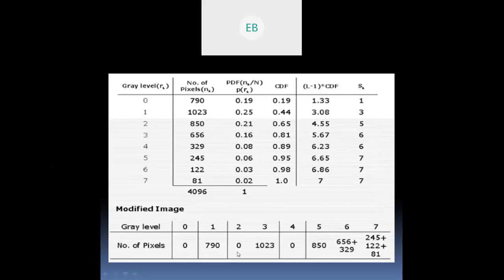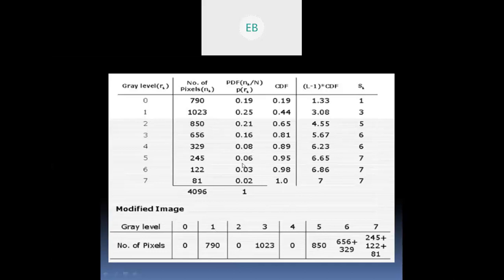See the output image, okay, don't confuse it with the input. Then for gray level 1 it was 1023, right? But now 1023 has shifted to gray level 3. So for gray level 2 we have nothing, so it is 0. Now for gray level 2 it was 850, right?